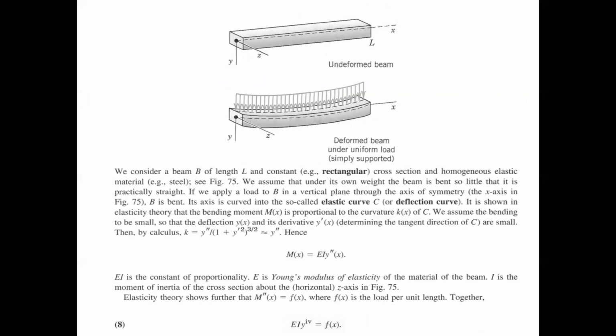This is an example of when we apply that to the beam, which is the application. So the bending moment M is proportional to the properties related, EI, and y double accent.